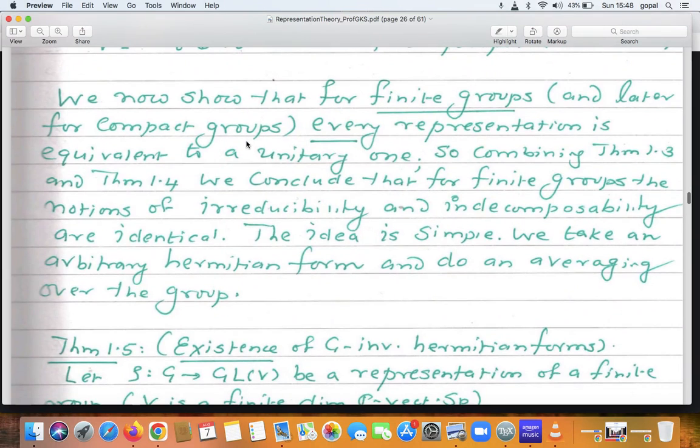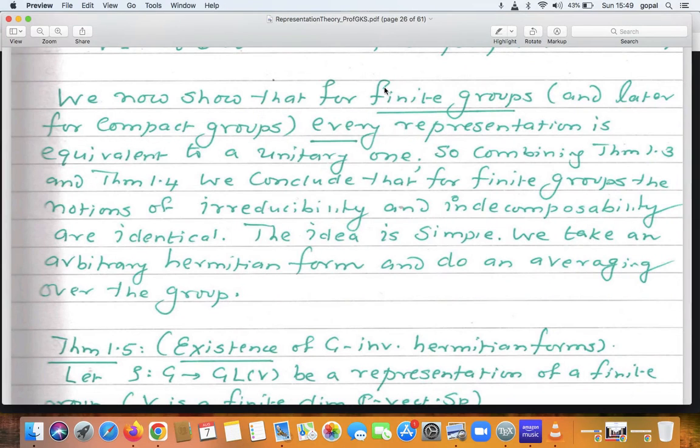Now we shall show that for finite groups, and later for compact groups, every representation is equivalent to a unitary one. Since decomposability and reducibility are preserved under equivalence, and for unitary representations reducibility and decomposability are one and the same, they are one and the same for all representations, provided the group is finite or compact.